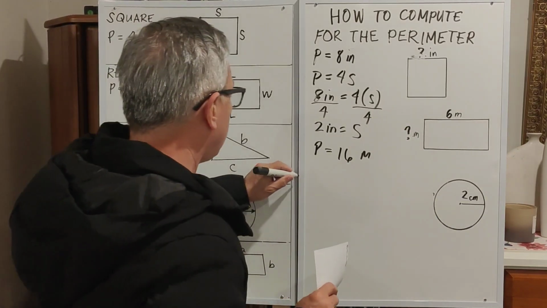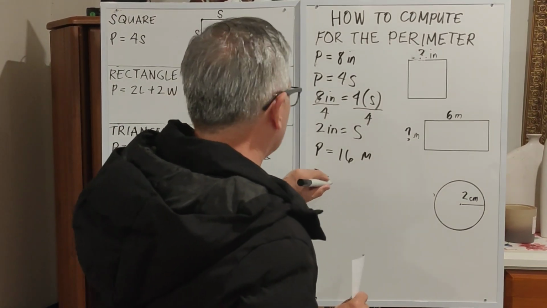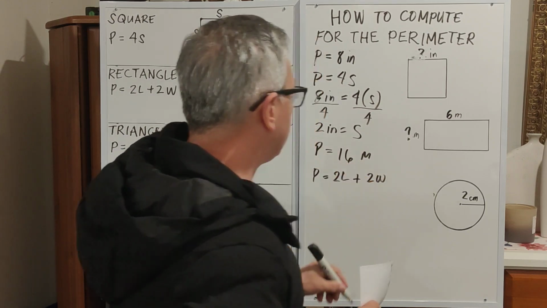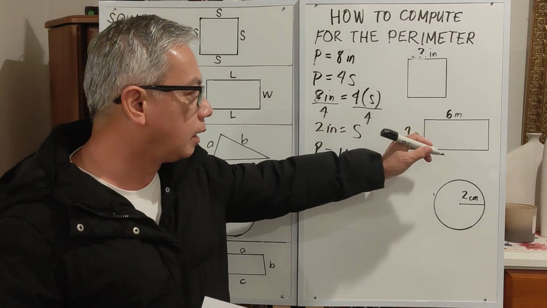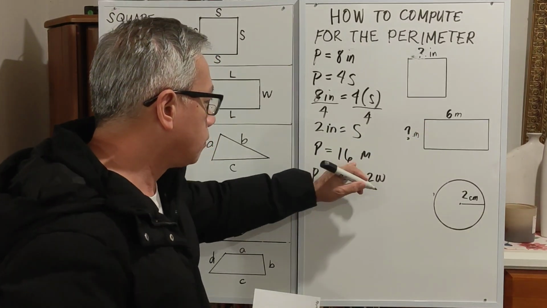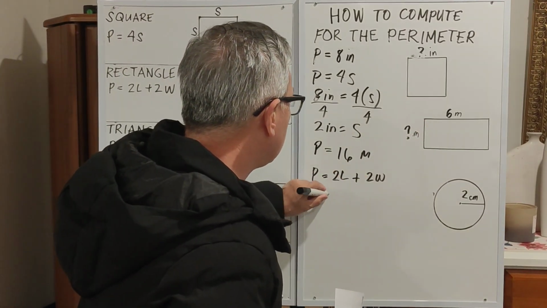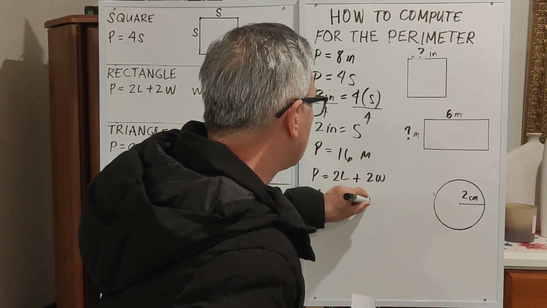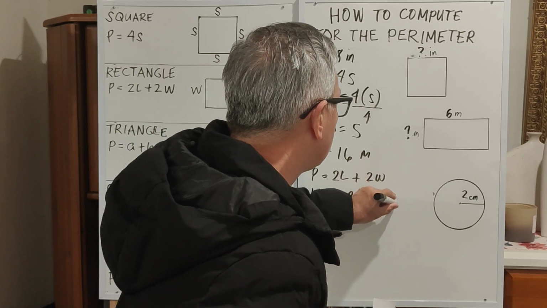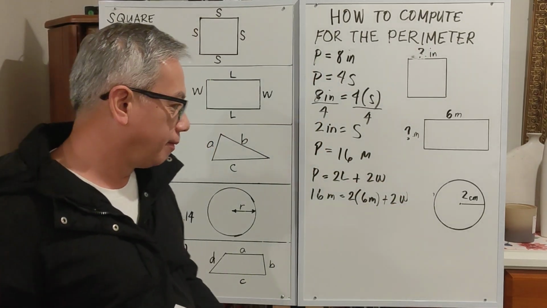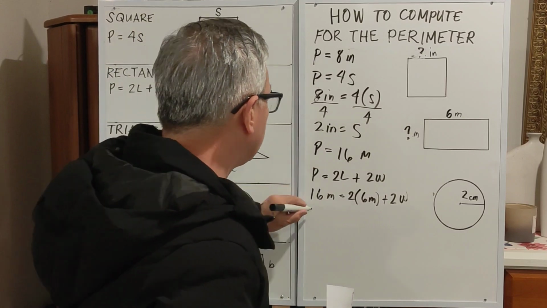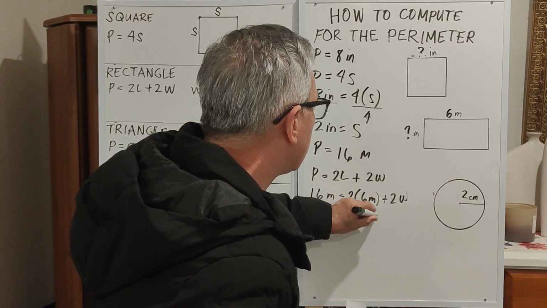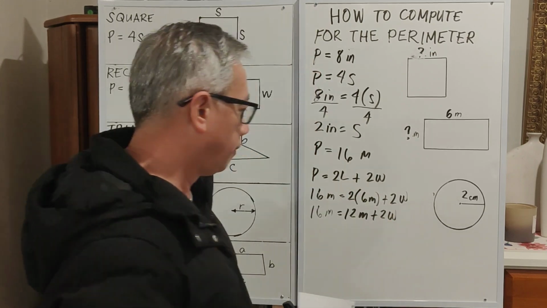The formula is P is equal to 2L plus 2W. We know P is 16 meters, 2L is 2 times 6 meters, plus 2W. So we solve for it. 16 meters is equal to 12 meters plus 2W.